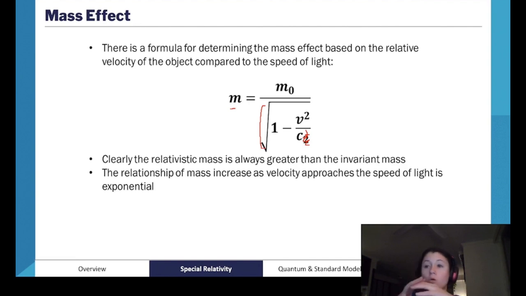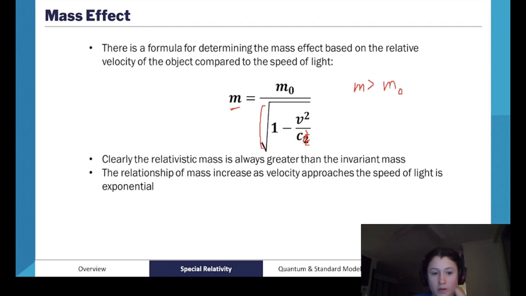The smaller the number you're dividing by, the bigger the pieces. So because we're dividing by a small number, we're going to be left with a bigger number over here. So from this we know relativistic mass is always going to be greater than the rest mass.